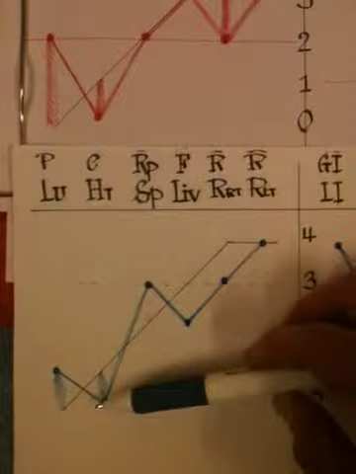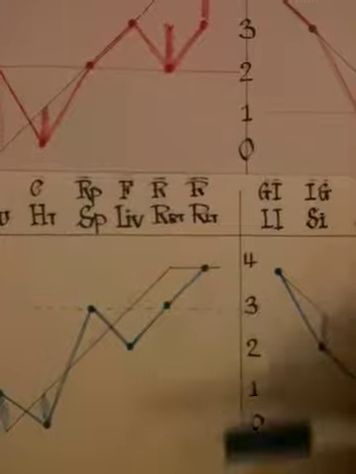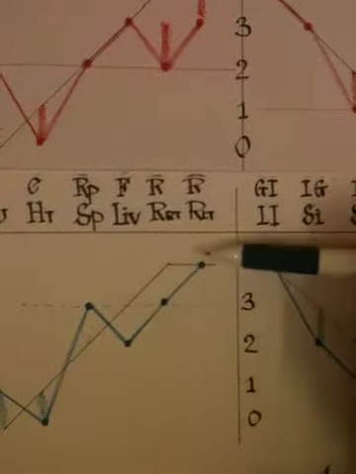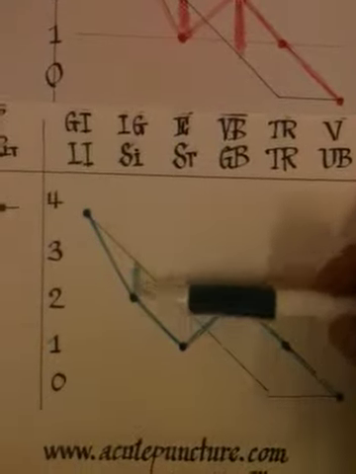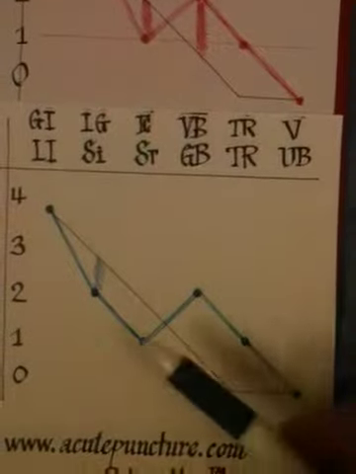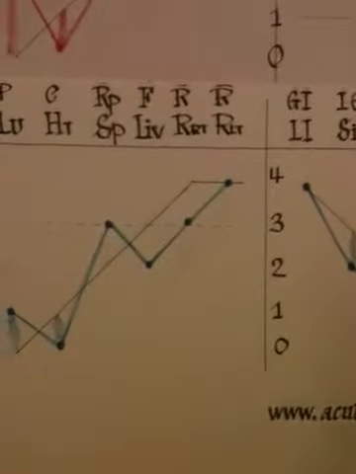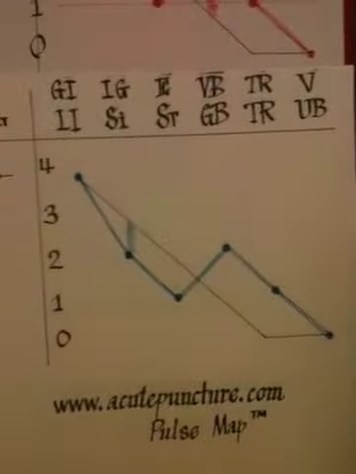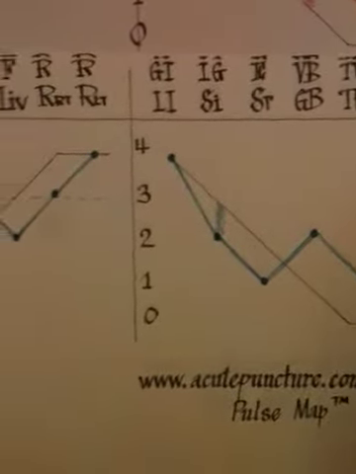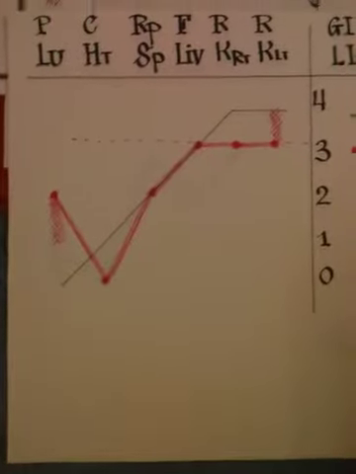Still some deficiency in the heart meridian, some stagnation in the liver meridian, but no deficiency in the right or left kidney, and some deficiency in the small intestine meridian, but not the stagnation or deficiency as before. Okay, we used again the points indicated by this pulse map, and let's see what happened to the patient when she returned in one week's time.